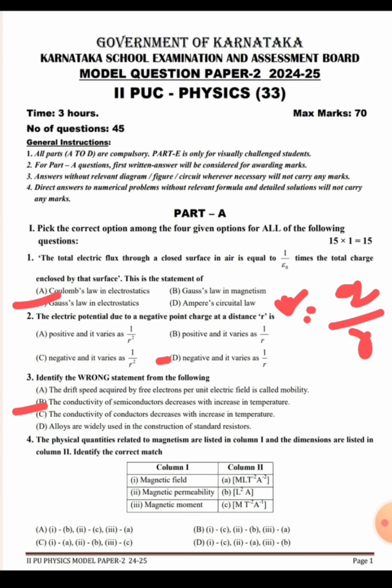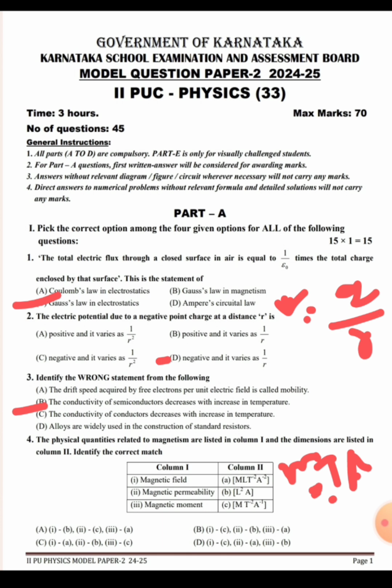Next, here the dimensional formulas of magnetic field, magnetic permeability and magnetic moment are given. If you check any one, it's enough. Magnetic moment M is equal to I into A. What is the dimensional formula of I?